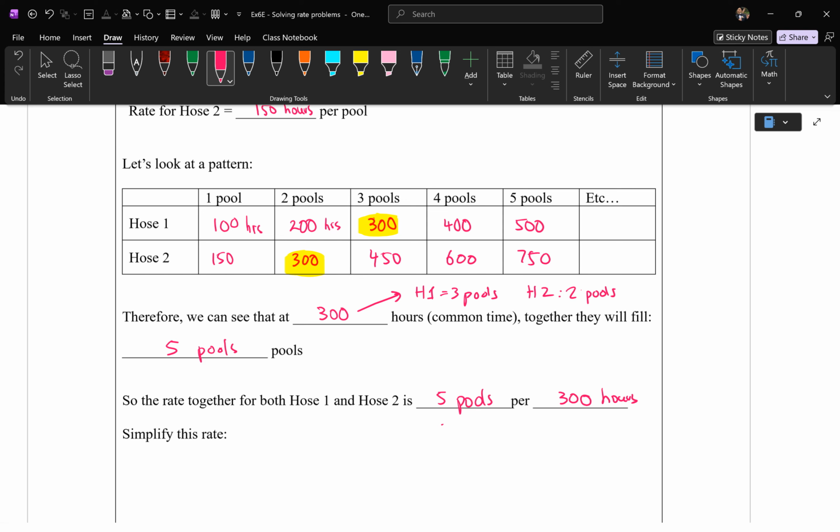So now that we've got the combined rate, we can convert this into the simplest form. If I want to know how many pools it can fill per hour, how do I go from 300 down to 1? Divide by 300.